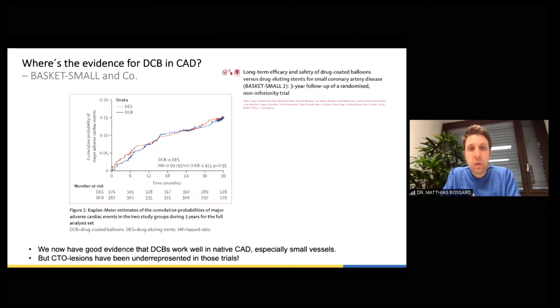And those results have been reproduced, or other studies have pointed in similar directions. But what we need to take into account is that in those studies, especially in BASKET-SMALL, CTO lesions have been underrepresented, or in some studies, CTO lesions have been an exclusion criterion for the use of drug-coated balloons.